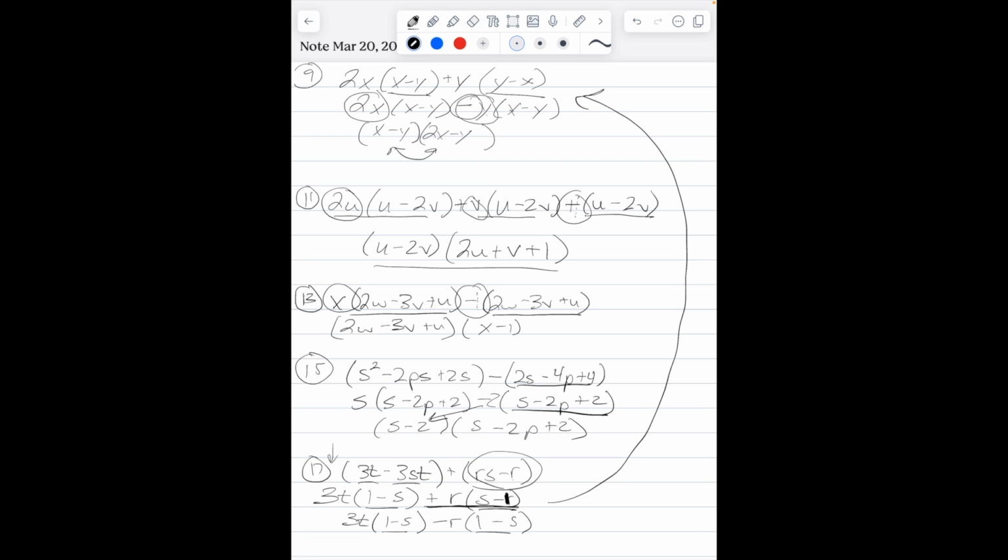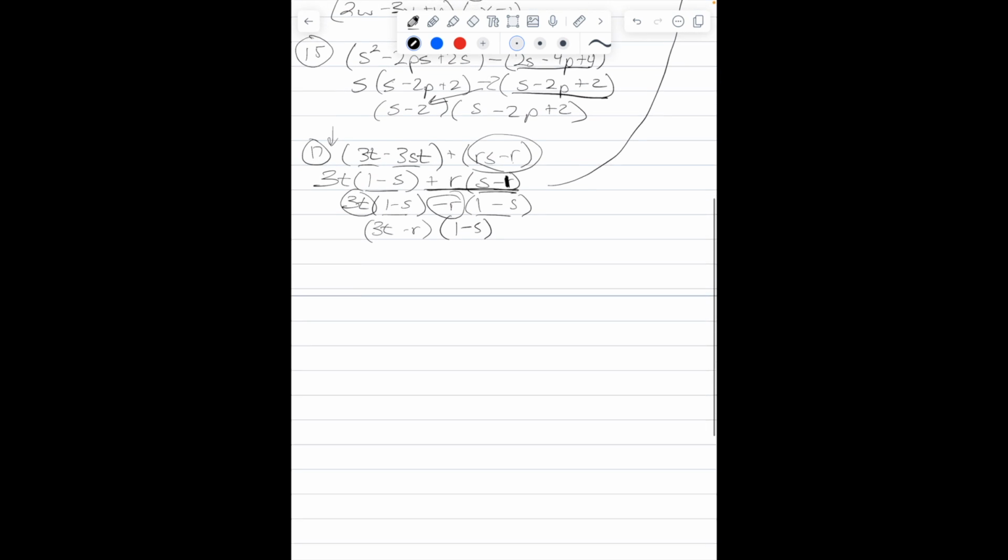And now we have a common factor we can see quite clearly. So we can pull out the 1 minus s, we factored that. Then we're left with the 2 remaining terms, which become the other binomial, 3t minus r and 1 minus s, and that's your answer for number 17.